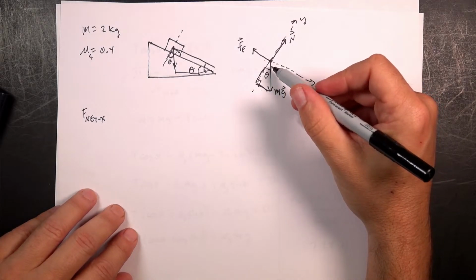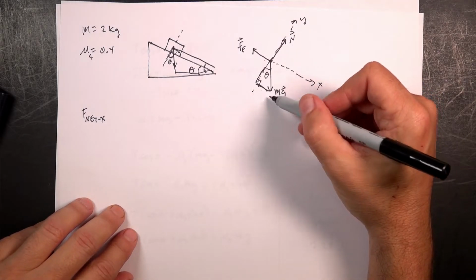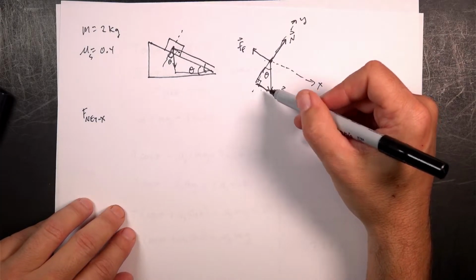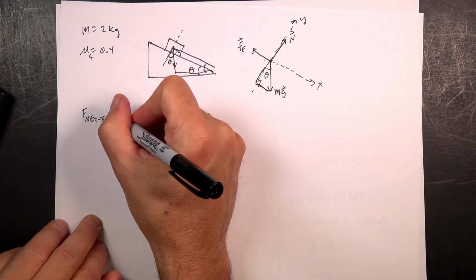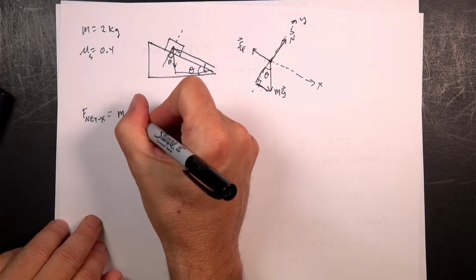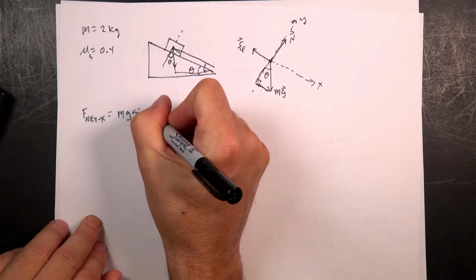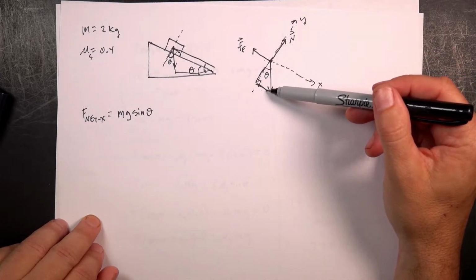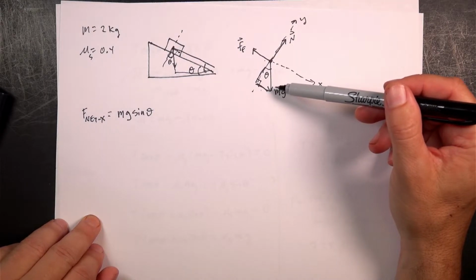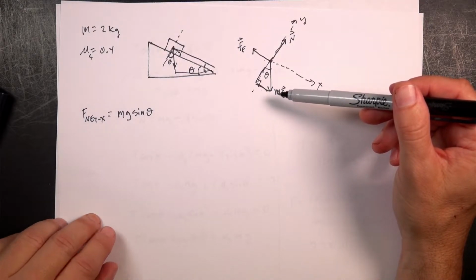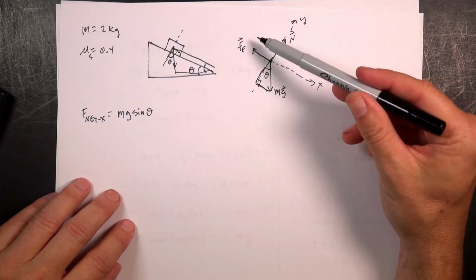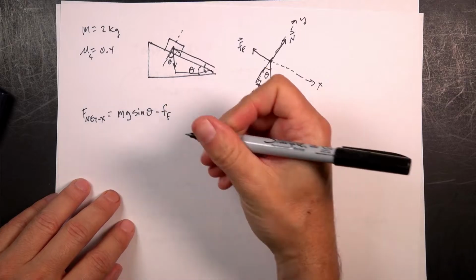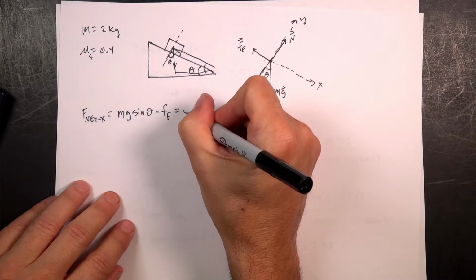So if I take the sine of theta, I get the x component over the hypotenuse mg. So that means that the x component is going to be mg sine theta. That's the x component. So be careful, right? Don't always say the x component is cosine. That's not true. And then I have the frictional force in the negative x direction, so that's going to be minus F_F. And this has to be equal to 0.